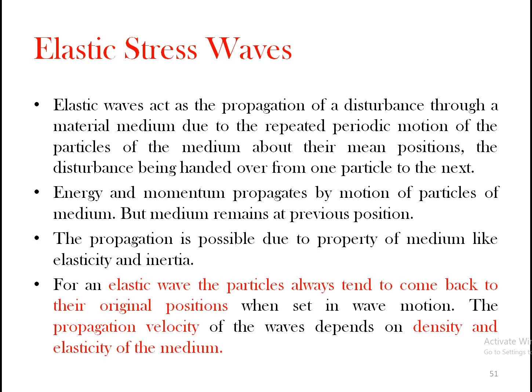The propagation is possible due to properties of the medium like elasticity and inertia. An important point is that for an elastic wave, the particle always tends to come back to its original position, as we have defined for an elastic material, when set in wave motion.